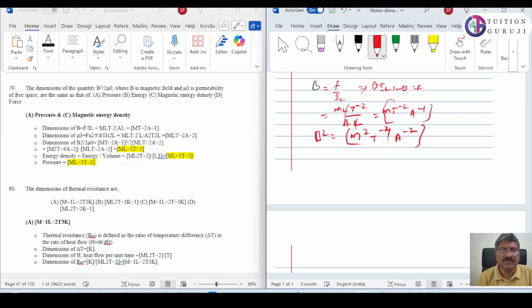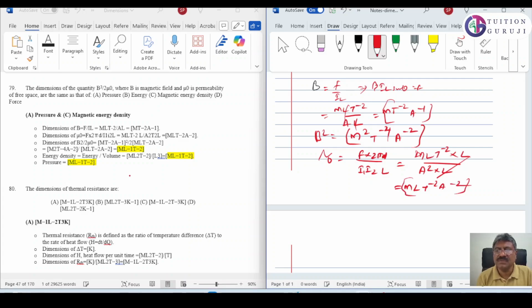Now mu 0 is F into 2 pi D divided by I1 I2 L, which is M L T raised to minus 2 into L by A square L. L gets cancelled, and we get M L T raised to minus 2 A raised to minus 2.